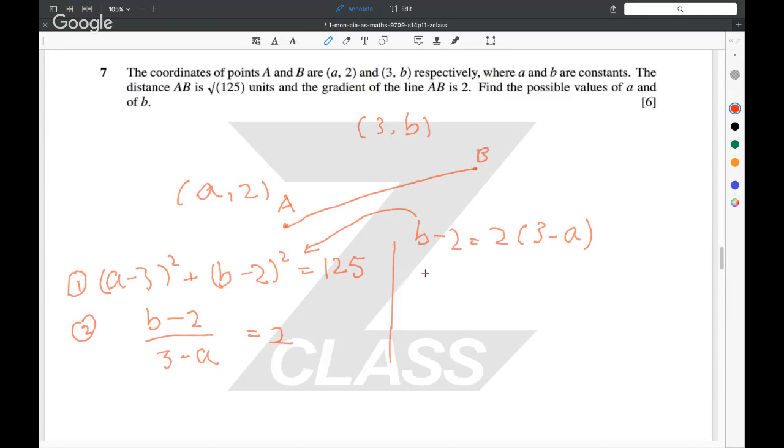So after some working, you'll find that (a plus 2)(a minus 8) equals 0. So we have two possible values of a. Either a equals -2 or a equals 8, and that gives you the corresponding values b equals 12, b equals -8.